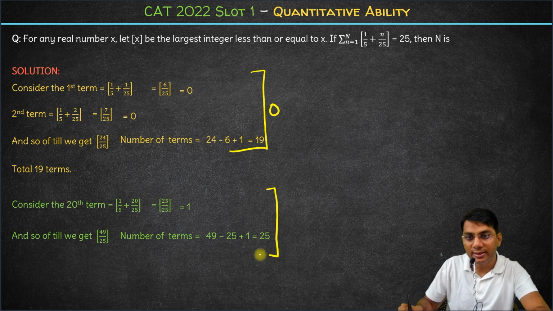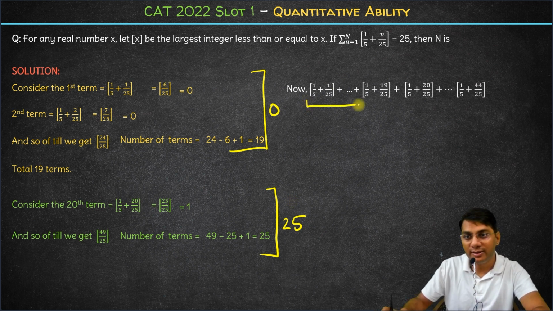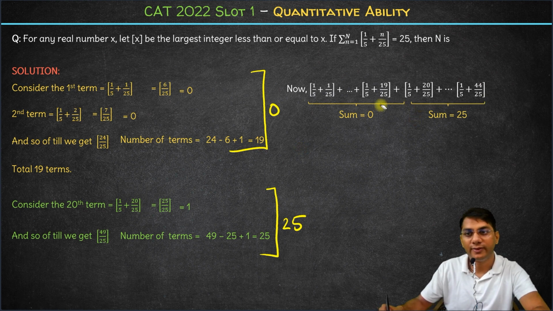And all these terms here are 1. There are 25 numbers, so the sum of 25 numbers which are all 1 is going to be 25. The sum of the first 19 numbers is 0, and the sum of all the terms in the next 25 numbers is 25.